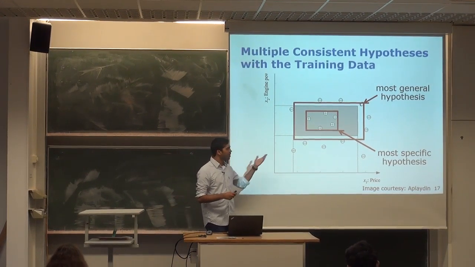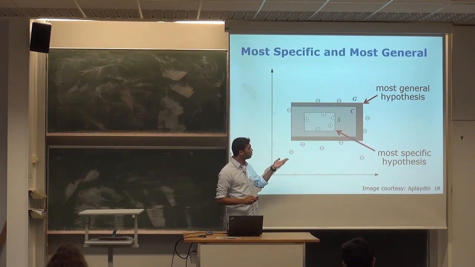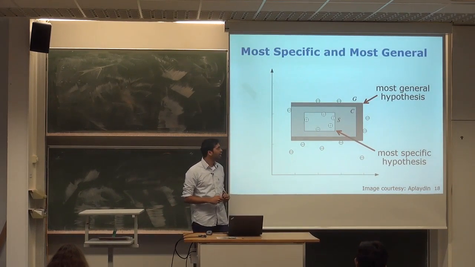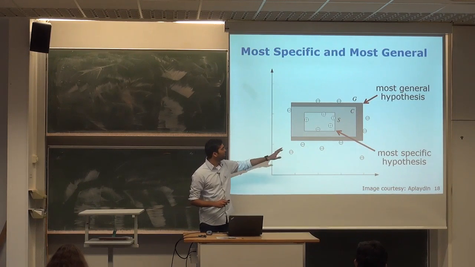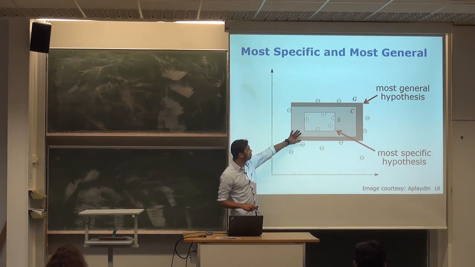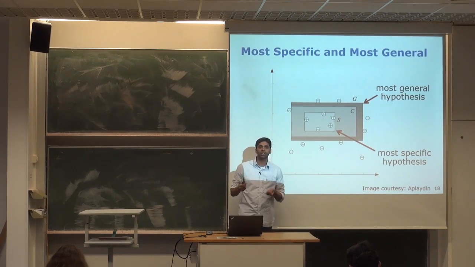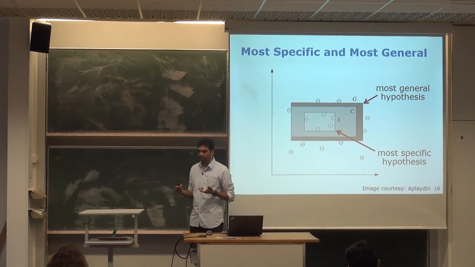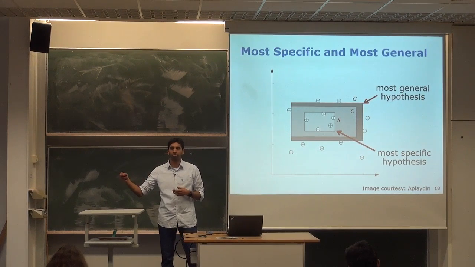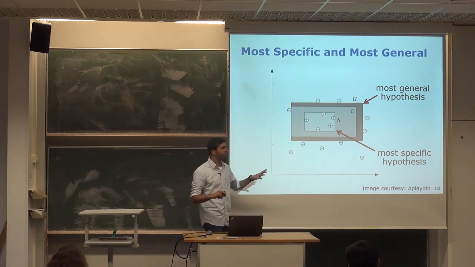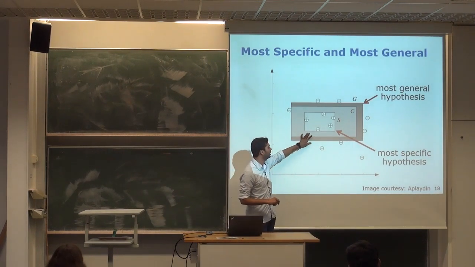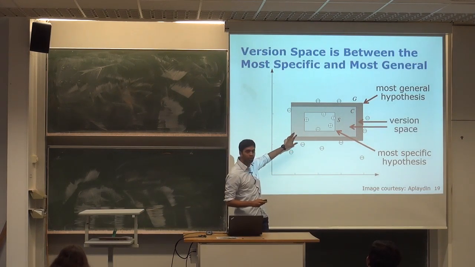And so then the question comes, which one of these boxes should I consider? In general, you have the most specific box S and the most general box G. The question one must answer while choosing F is which one of these boxes. A general box is called C, and often this is called the version space.